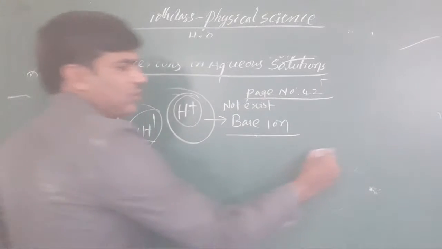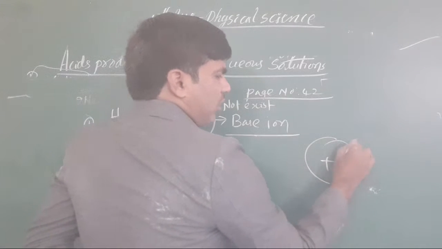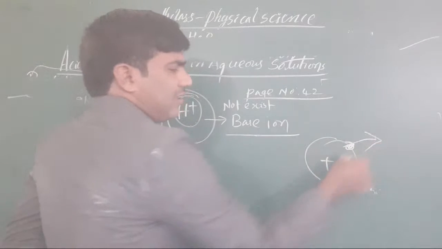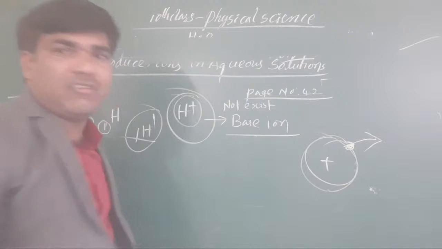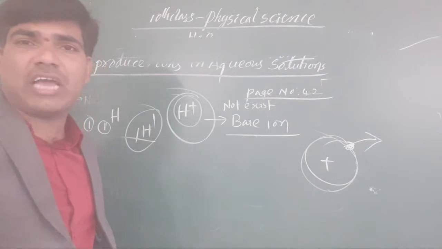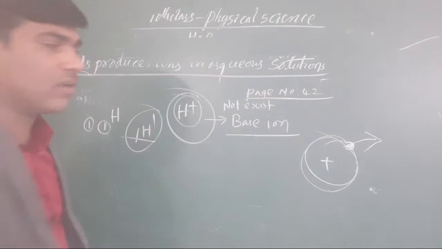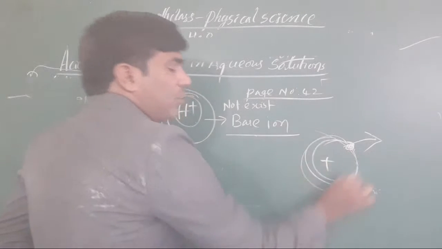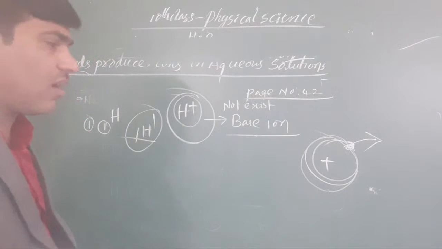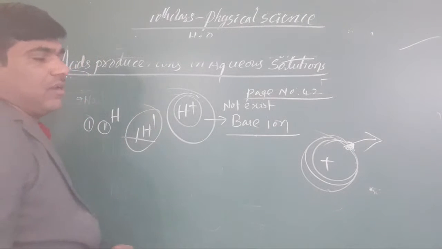Why? Because check it out, hydrogen contains only one electron. In case it loses it, there is no use of it. It's not called an atom at that time. It's not called an ion at that time. It's called only the nucleus actually. That's why the hydrogen ion does not exist as a bare ion.